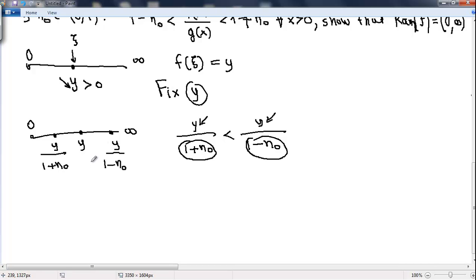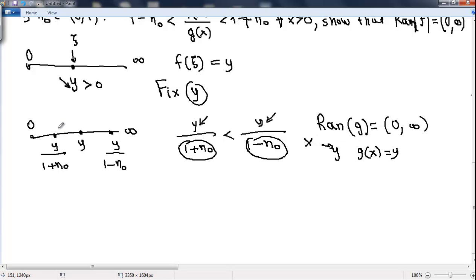Now, my hypothesis says that the range of g equals 0 to infinity, which means that for every positive y I can find an x such that g of x equals y.